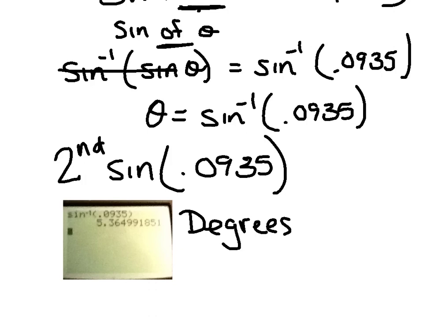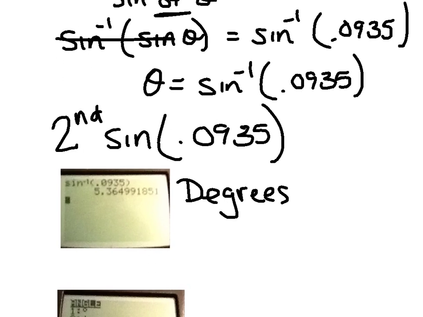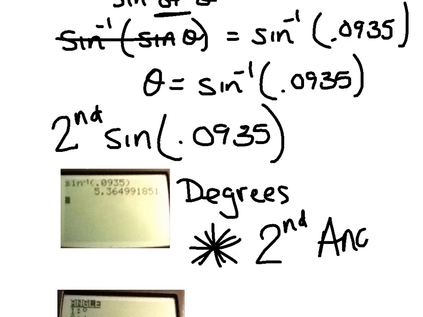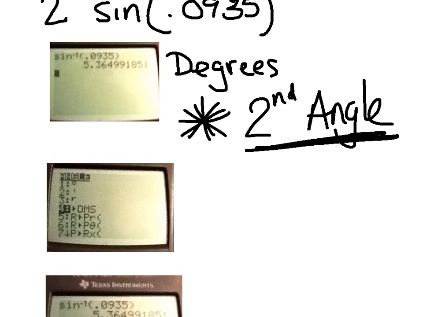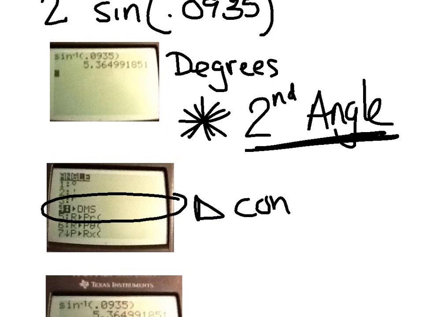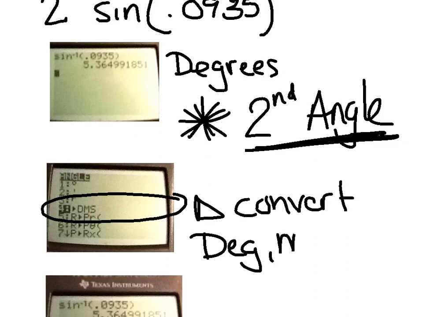So at this point, what you want to do on your calculator, and let's jot this down so we have this in our notebook, is hit that second angle button. In there, you're going to see something that says number 4, DMS. That arrow there means convert. DMS stands for degrees, minutes, and seconds.